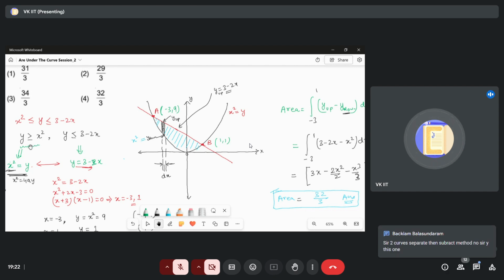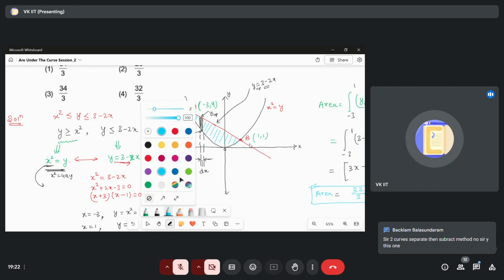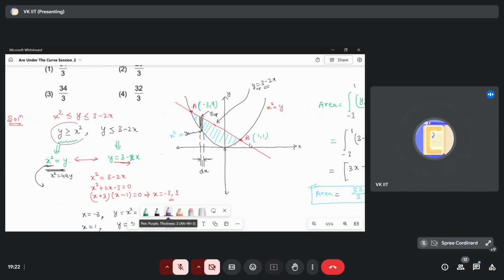Okay, now see this. I was talking about the inequalities, right? So see carefully in the inequalities. In this, y is greater than or equal to x square, and y is less than or equal to 3 minus 2x, or we can say y plus 2x is less than or equal to 3.